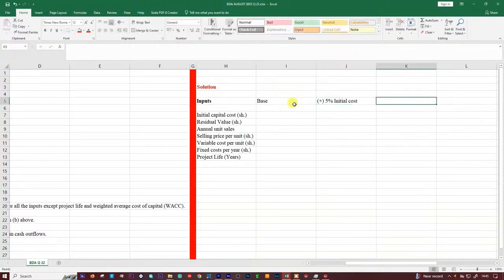And then we will have the adverse scenario where we have negative 5% annual unit sales.